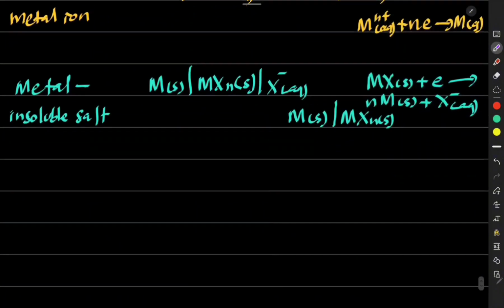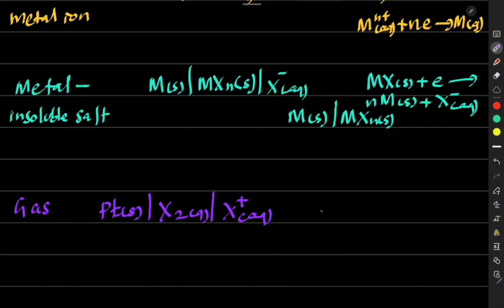The third electrode is the gas electrode. In a gas electrode, there will be a Pt solid, interface, X2 gas, interface, X plus aqueous.